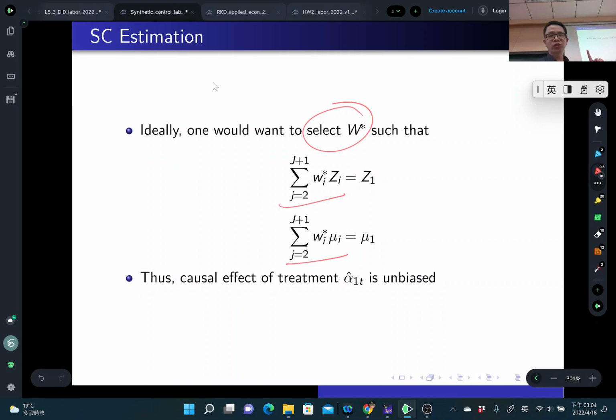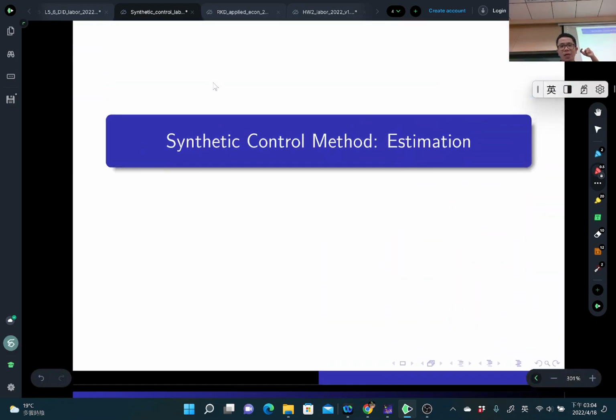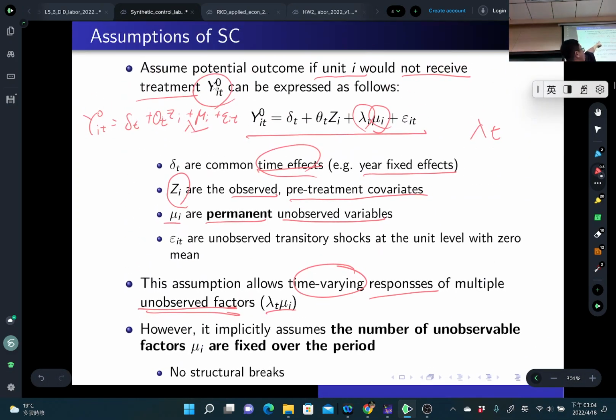Try to match unit 1's observed characteristics. Based on the assumption we just mentioned, we want to construct Y0 using the weighted average of the control group's outcome. The goal is to match their components.